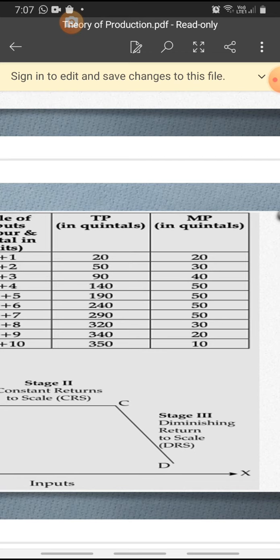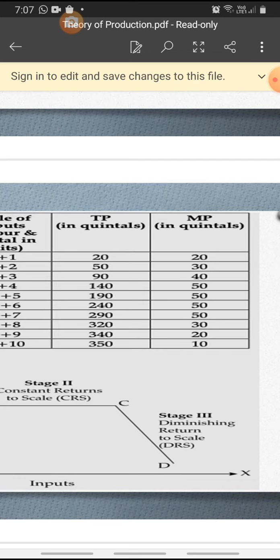From 50 it reached 30, then 20, and last it reached 10. So we can see that the marginal product is decreasing. It is under diminishing returns to scale.